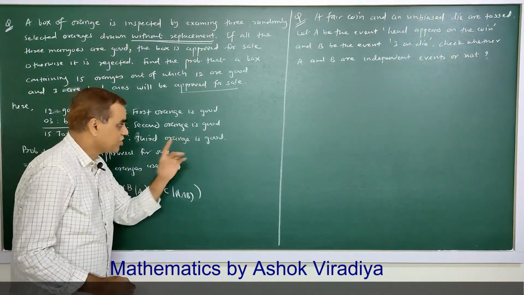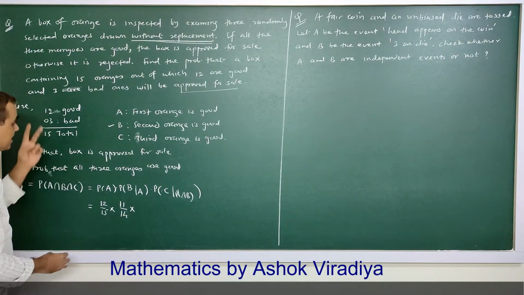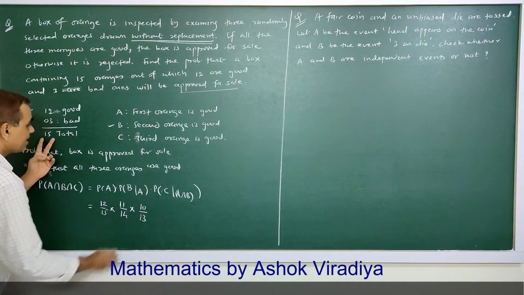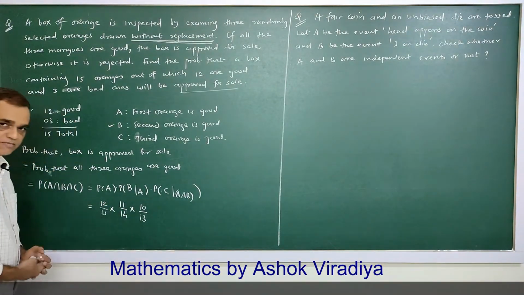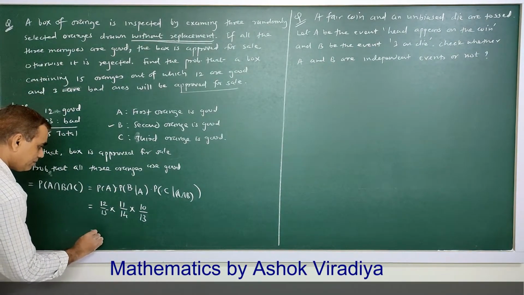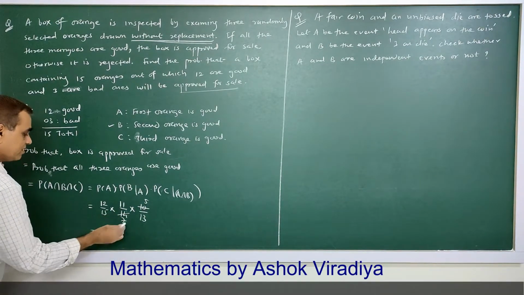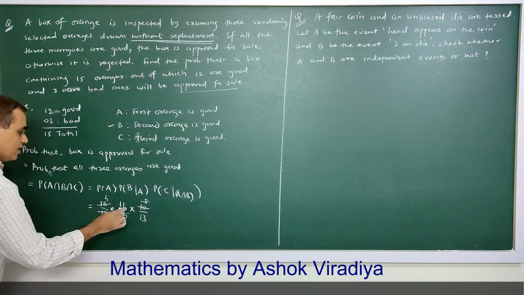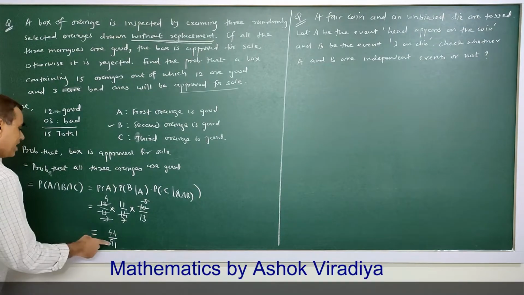Similarly, when you take the third good orange, 2 oranges are decreased in good, so 10 are left, and in total 13 are left. So 10 good, 13 total. Every time we decrease 1 orange, because all 3 times we need a good orange. So this is equal to 12/15 × 11/14 × 10/13. Simplifying, 5 into 2 is 10, 7 into 2 is 14, 5 into 3 is 15, and this gives 44 upon 91. So it is the required probability.